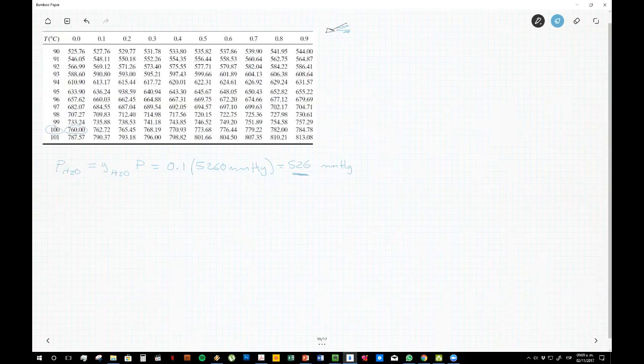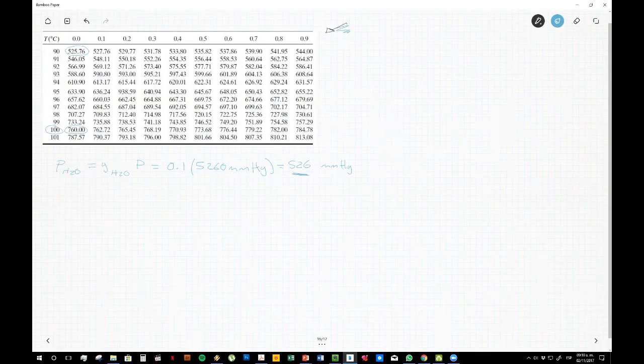That's the boiling pressure of water, so it should be the same as at 1 atmosphere. So we have 526 millimeters of mercury, right? So we go to the table and we look for that value. You start lowering, and you say, okay, we have almost that value, 525.76 millimeters of mercury. Okay.